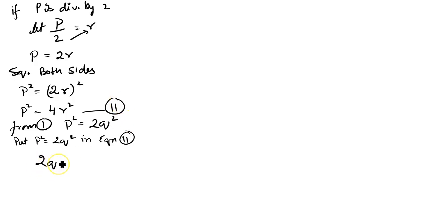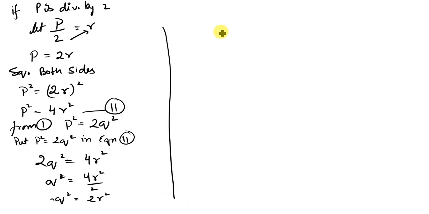So it will become 2q square is equal to 4r square. We move this 2 to the other side, so it will be q square is equal to 4r square over 2. Then q square is equal to 2r square. Again we rearrange it and it becomes q square over 2 is equal to r square.